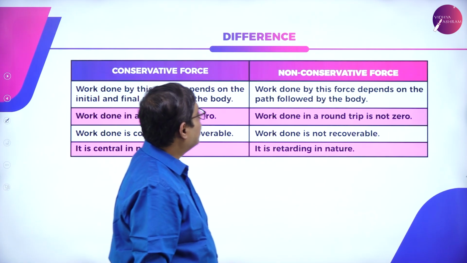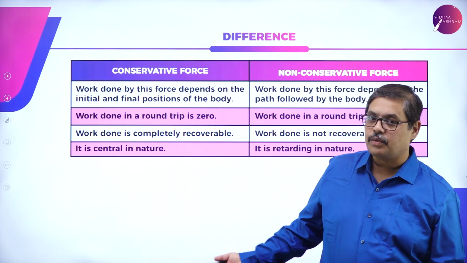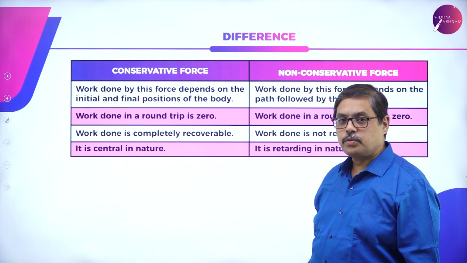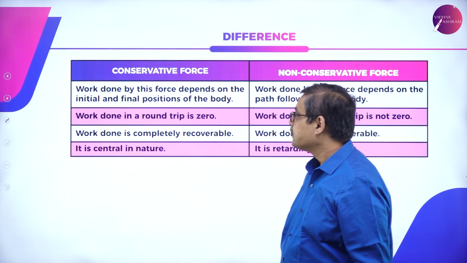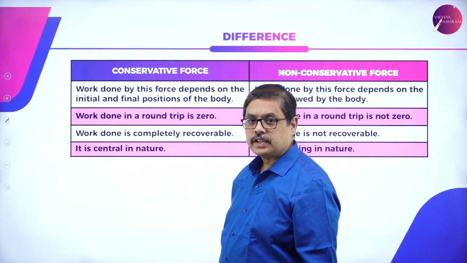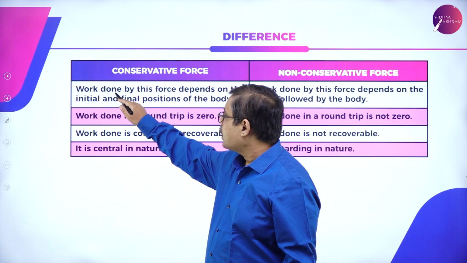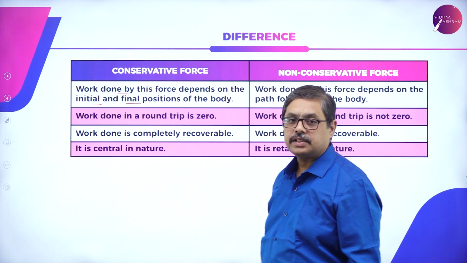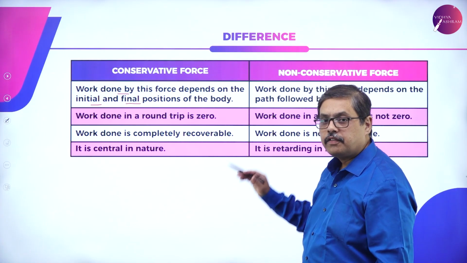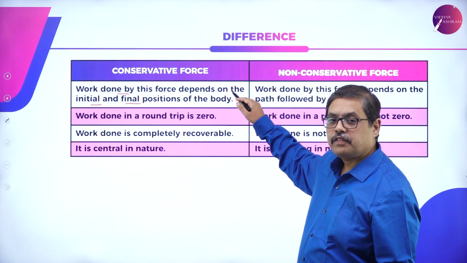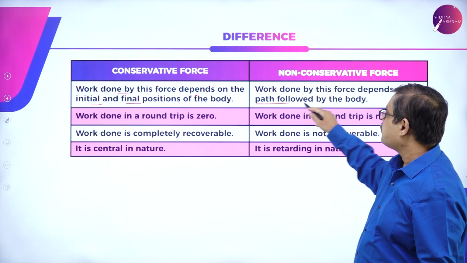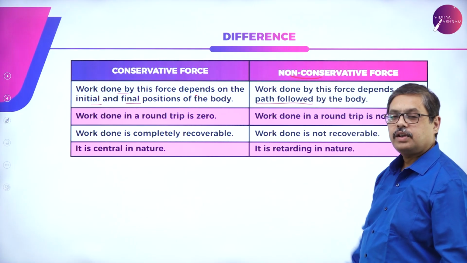Let us check the differences between conservative and non-conservative force. It is of academic importance, could be a typical 3-mark question. What is a conservative force? Any force where the work done by that force depends on the initial and final positions. If the work done by the force depends on the initial and final positions, it is conservative. If the work done depends on the path followed, then it is non-conservative.